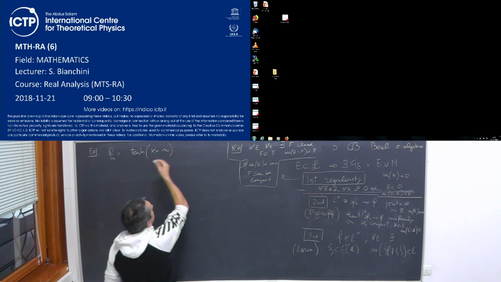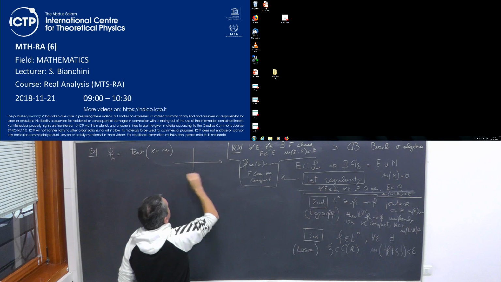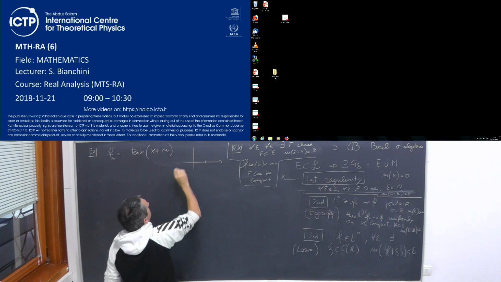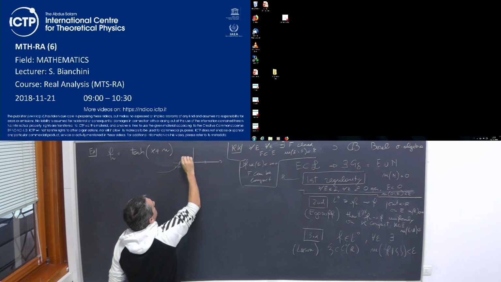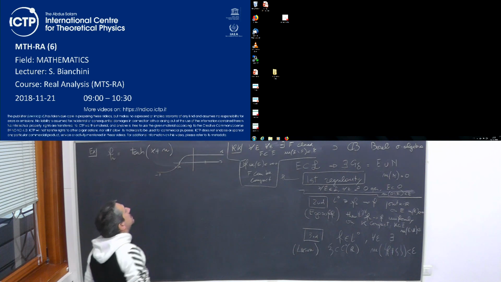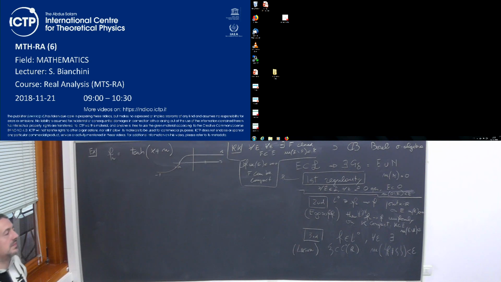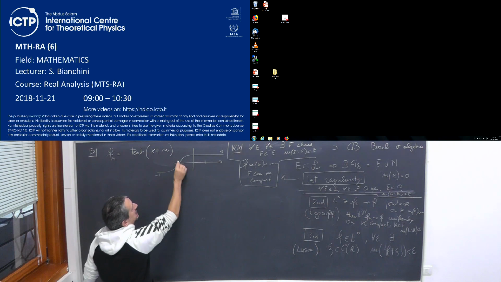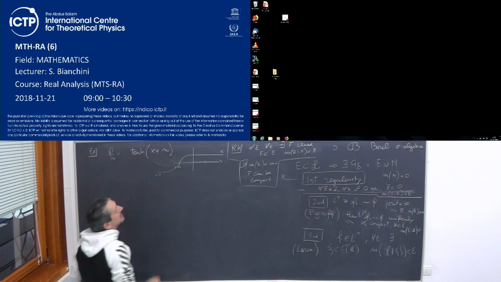This is just to be something explicit, and the function is like this. It's not really important which function. The important thing is that it's just the translation.